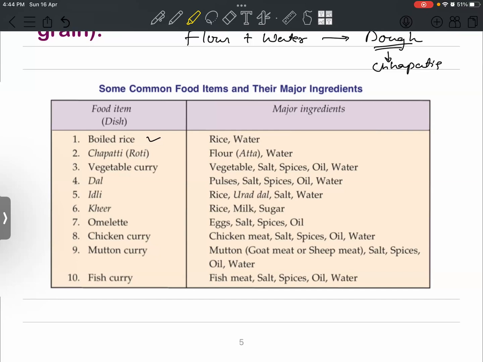Boiled rice, which is rice and water, and chapati, which is flour and water. Okay. Now tell me how many ingredients are used in making idli. You can take help from the table.